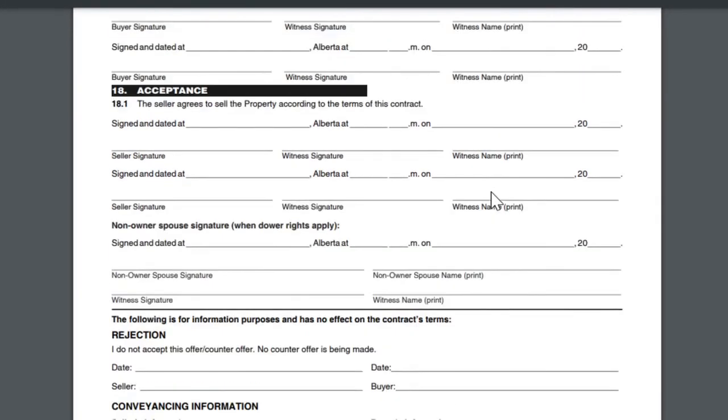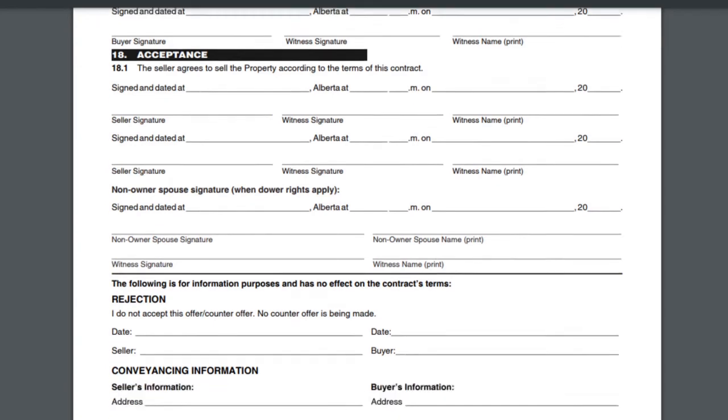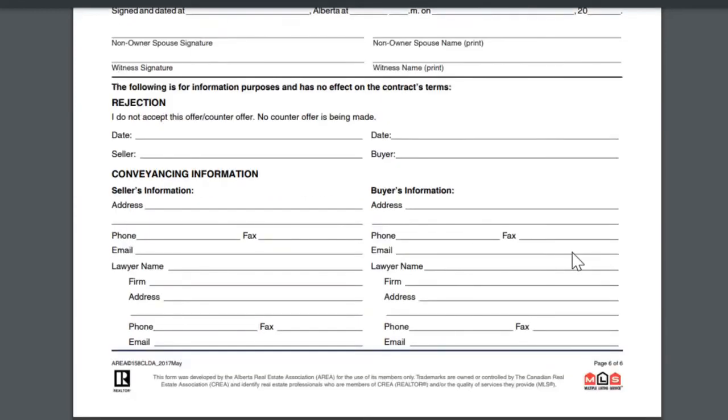Once everything is agreed upon and everybody agrees to all of the terms and conditions in the contract, including price, possession, chattels, all that stuff, then acceptance happens. Once it's fully accepted, then we're good to go. We have a contract. If there are conditions in the contract, any condition at all, it is not a sold contract, it is a conditional contract.